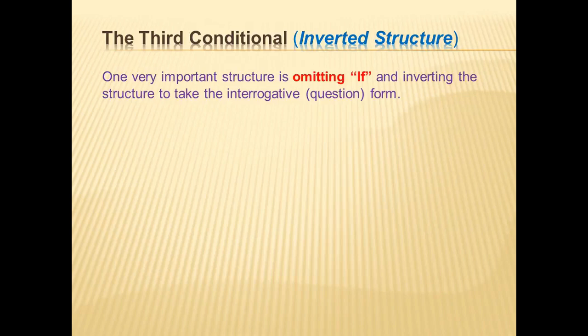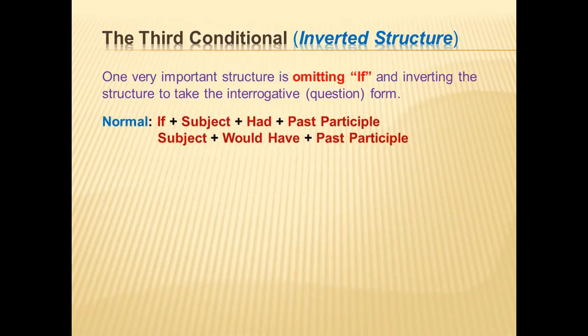So please take a look here. The normal one: you have to use if plus subject plus had plus past participle for the if clause, and in the main clause you use subject plus would have plus participle as well.